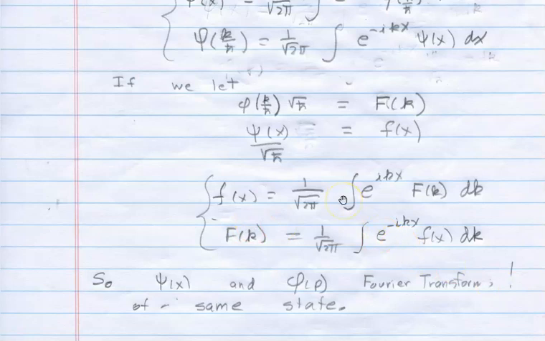But this gives a very broad view, at least from a quantum mechanical standpoint, a really solid interpretation of Fourier transforms as these position wave function representation and momentum representation analogs anyway.